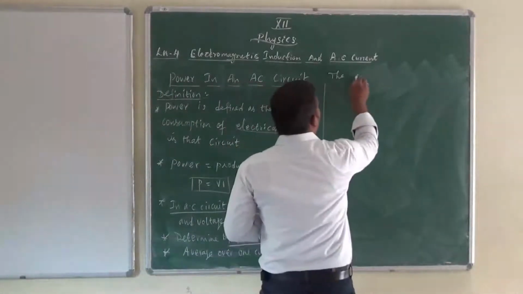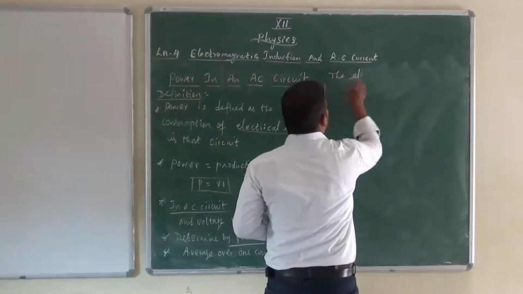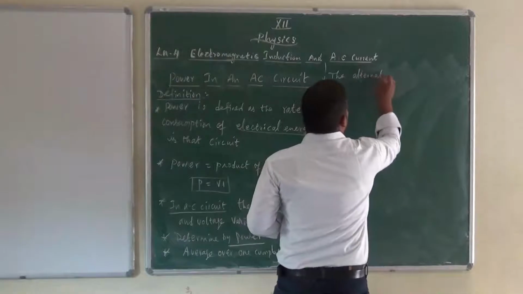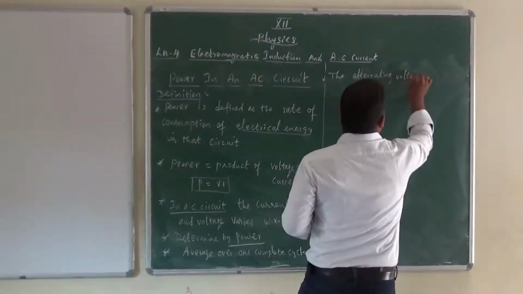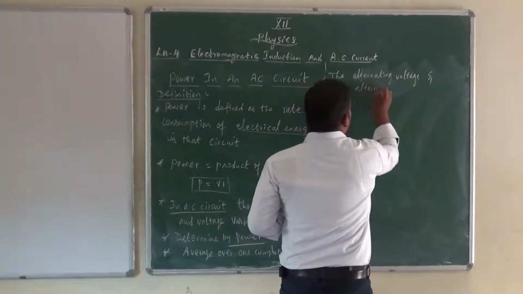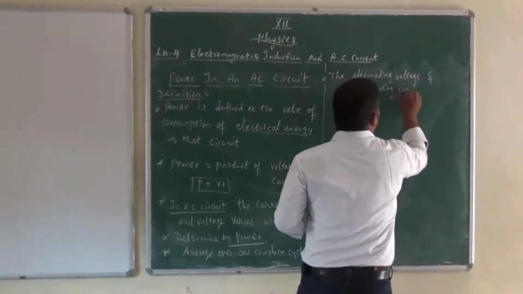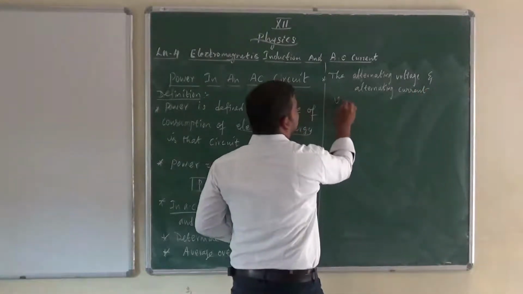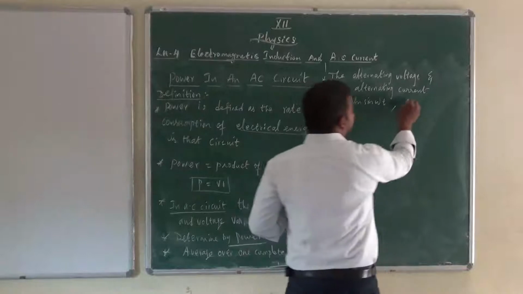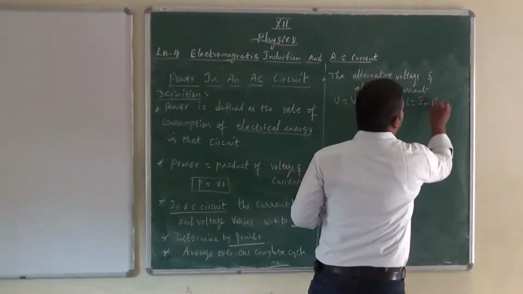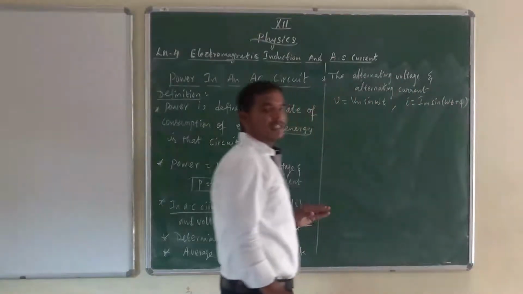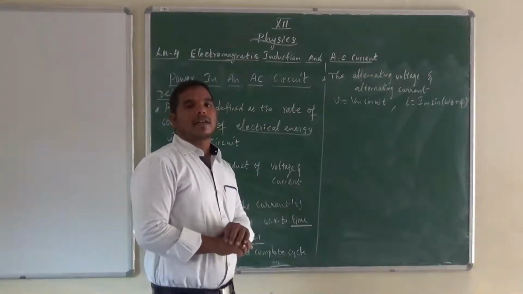So the alternating voltage is represented by V equal to Vm sin omega t, and the alternating current is represented by I equal to Im sin(omega t plus or minus phi), isn't it? This is alternating voltage and alternating current.